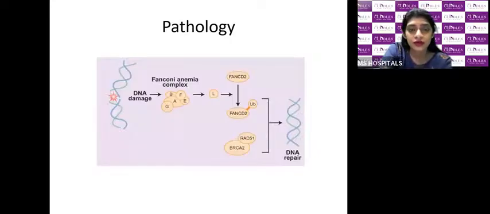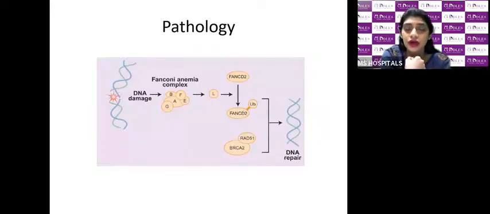Coming to pathology, DNA damage. Once there is DNA damage in Fanconi's anemia children, the Fanconi's anemia complex, FANCD2 comes in. There is a mutation in the FANC A, B, D genes, and because of that the DNA repair mechanism is not functioning properly.